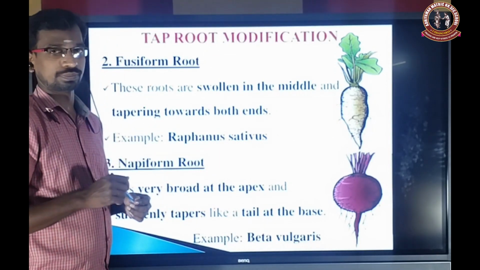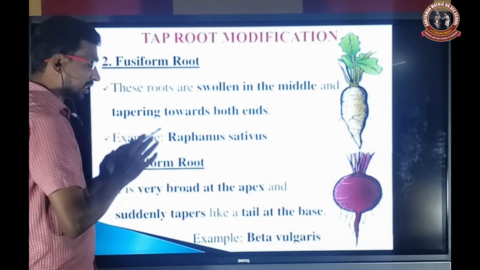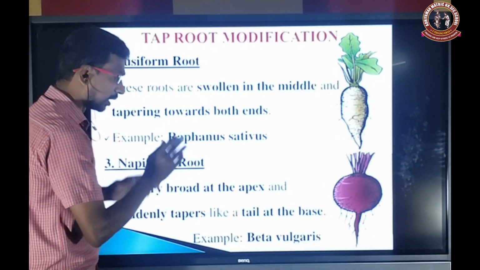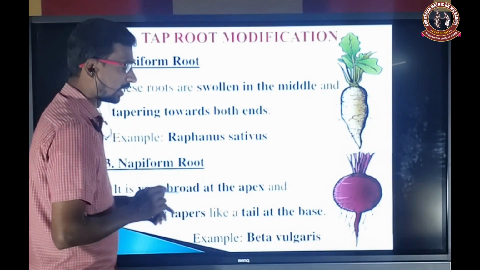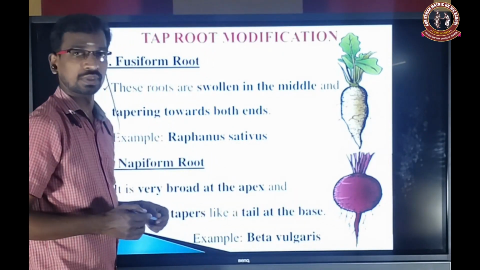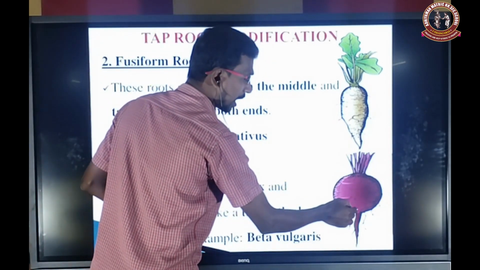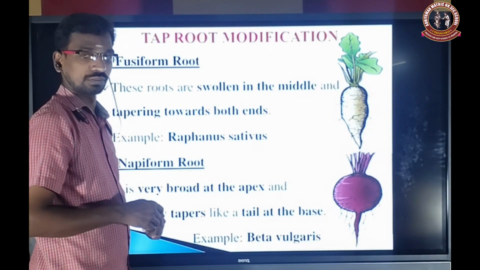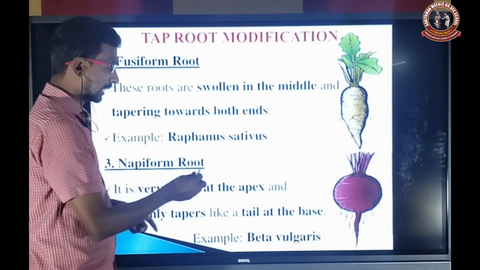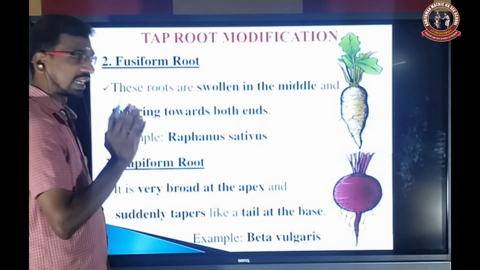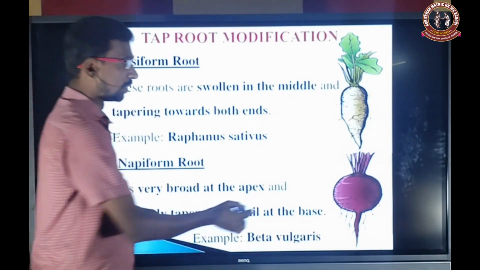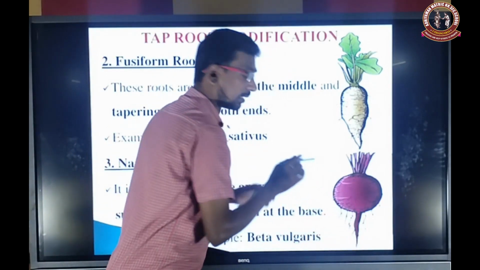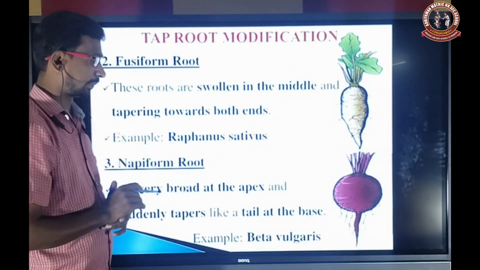Napiform root. It is very broad at the apex and suddenly tapers towards the base, like a tail. You can see the turnip shape, that is a napiform root.